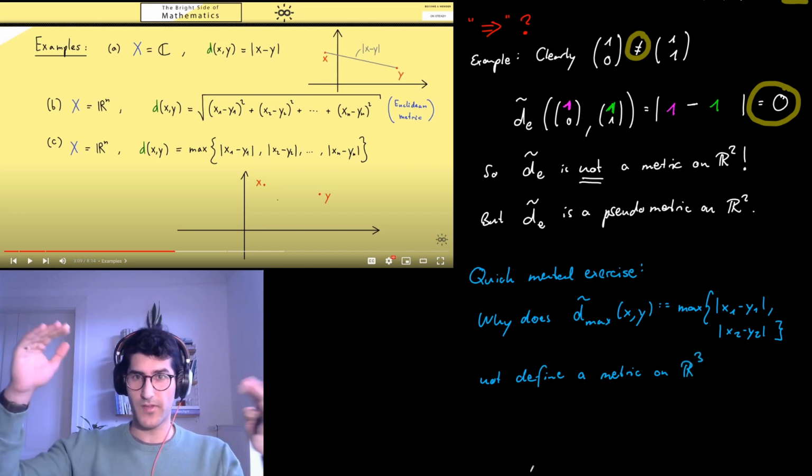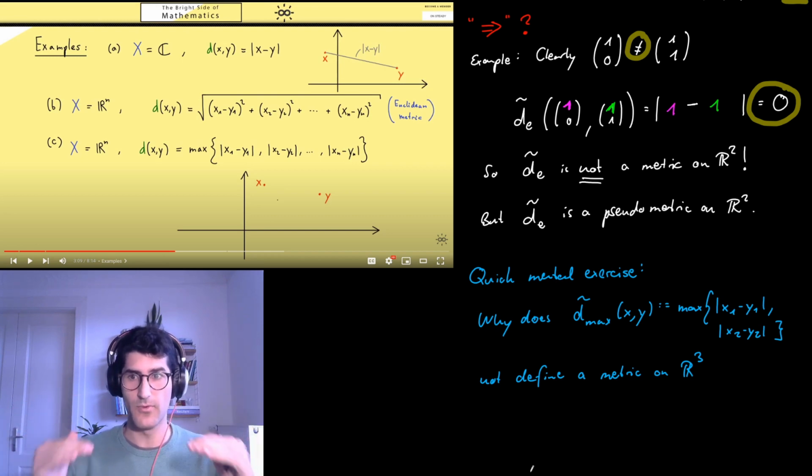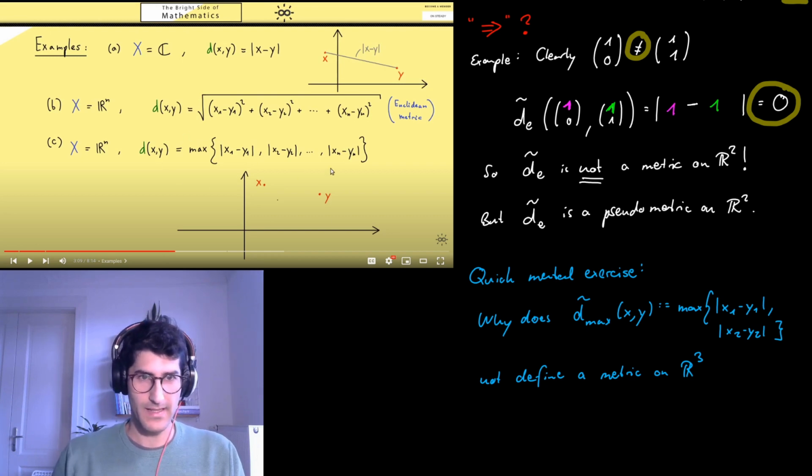Yeah, so vectors that have 3 components, x has components x1, x2, and x3. Why does d max tilde, which is defined just like the one here, but we leave out the last component, not define a metric on R3?